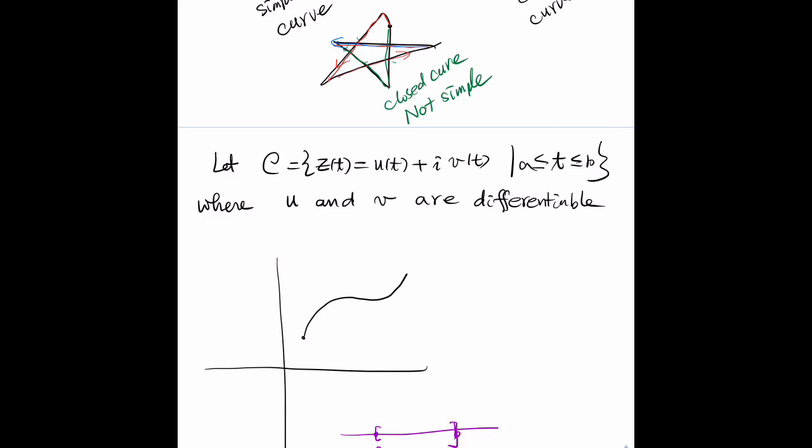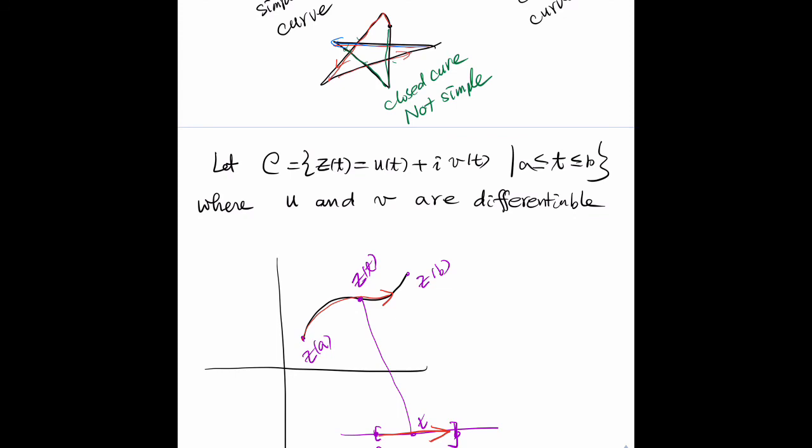So when t is here, this is the value z(t). When t equals a, this is z(a). At b, this is z(b), right? And when t moves from a to b, that's the way the curve moves.